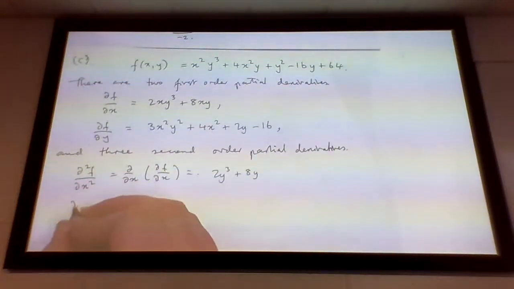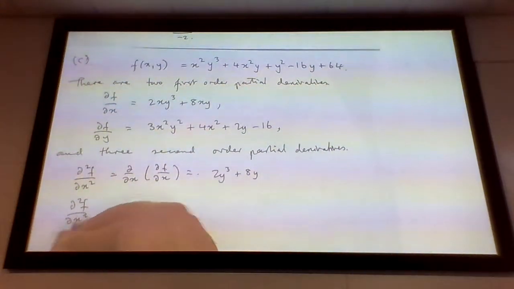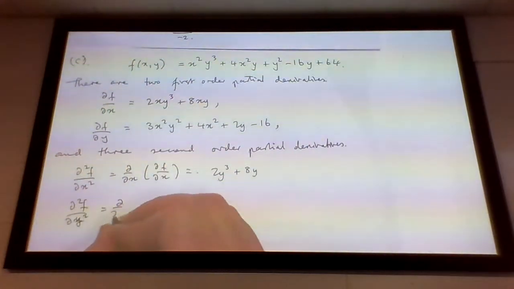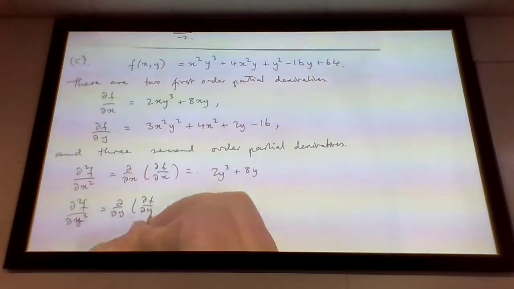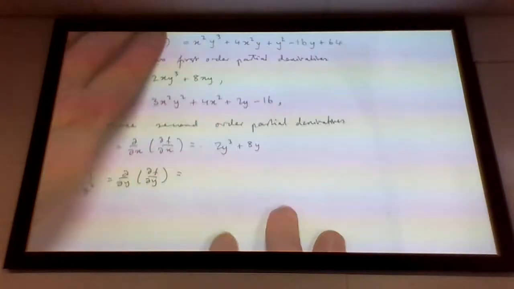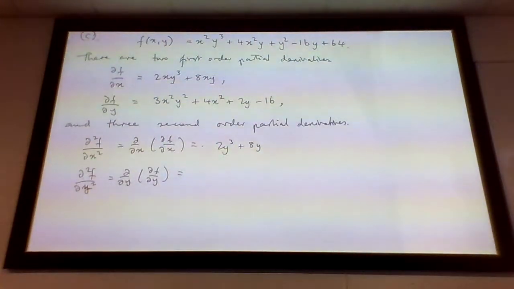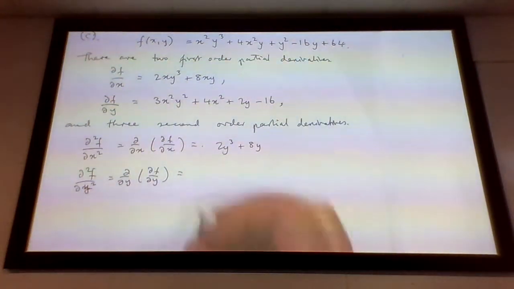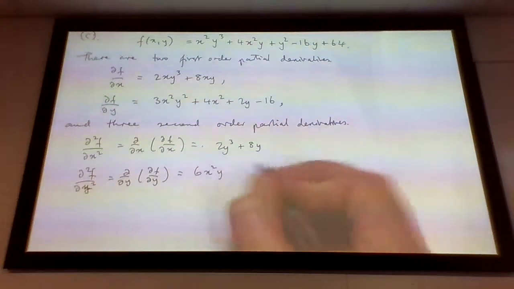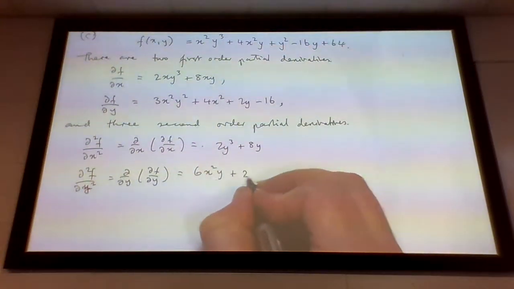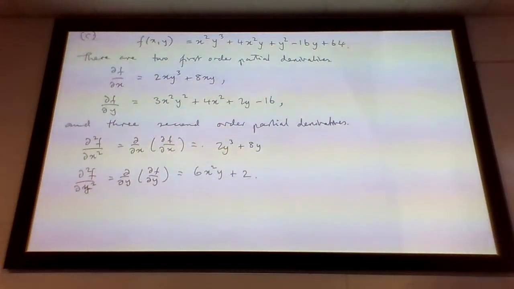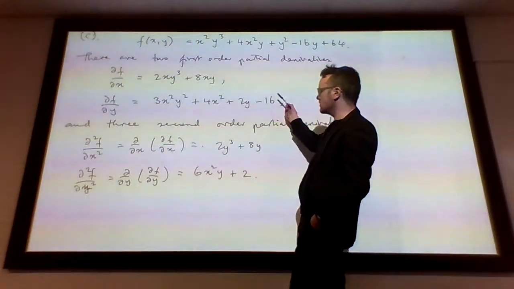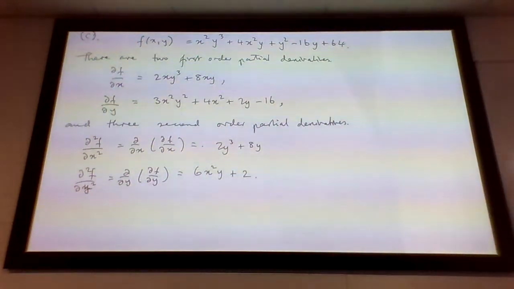And similarly, ∂²f/∂y², which will be ∂/∂y of ∂f/∂y. So you take the y derivative, you differentiate it again with respect to y. So 6x squared y plus 2. That's all there is, because the 4x squared and the minus 16 have no y dependence, constants from the viewpoint of y, so differentiating them gives you 0.